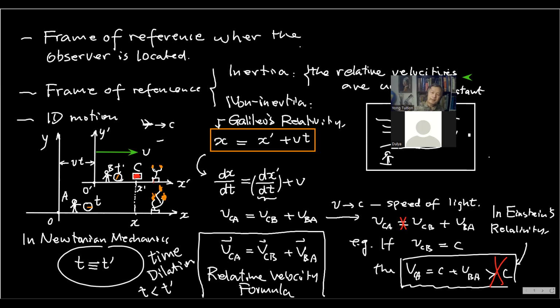And every observer uses the same clock. The time is the same. So if something happens in one frame, observed by one observer, it's possible to determine whether the event happens simultaneously. It's called simultaneity.